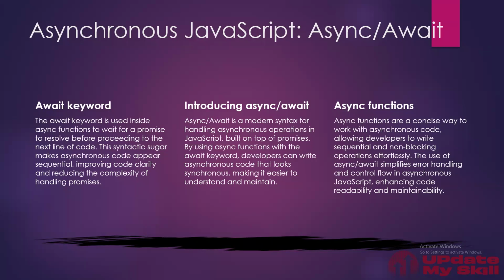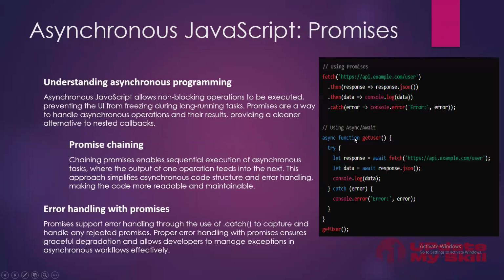With async and await, here also we can catch the error using catch. Here we are using try catch blocks. Let's go to the code. So this is the async function. I have taken the async function name as getUser, and I have taken the try catch block.